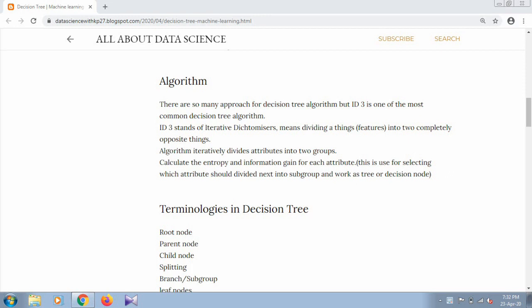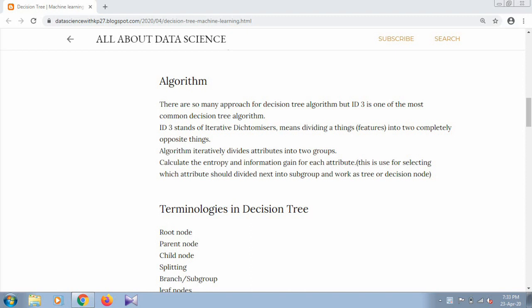Now see the algorithm for the decision tree. There are so many approaches for the decision tree algorithm, but ID3 is one of the most common. ID3 stands for Iterative Dichotomiser, meaning dividing a thing into two completely different opposite things. The algorithm iteratively divides attributes into two groups, and we select the group for further splitting that has the least entropy, or we can say the highest information gain.